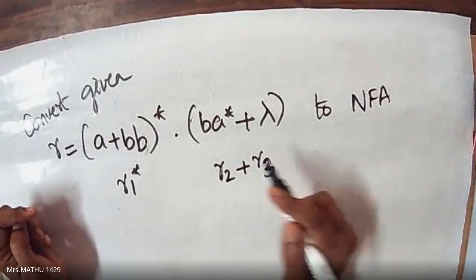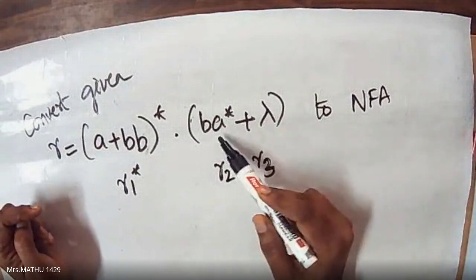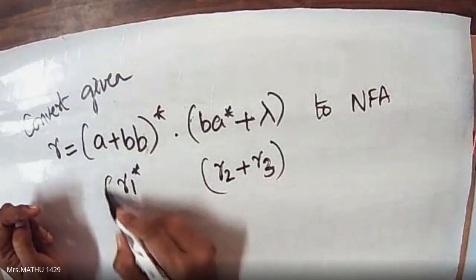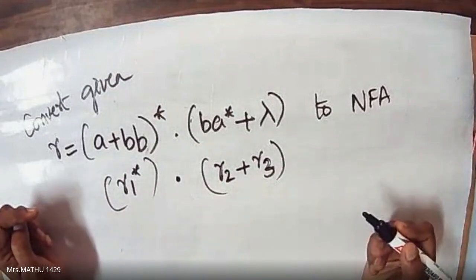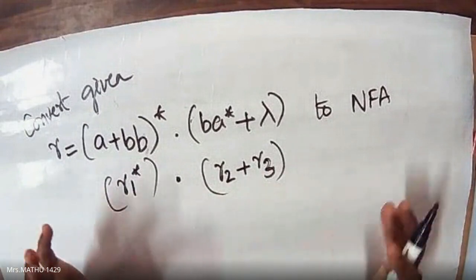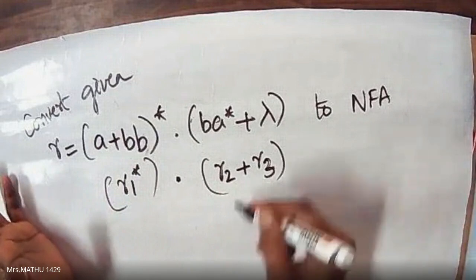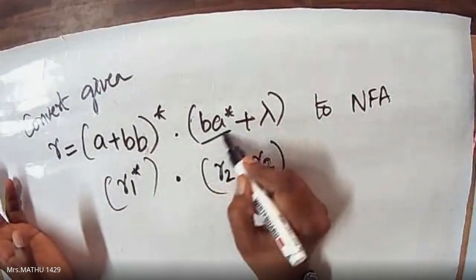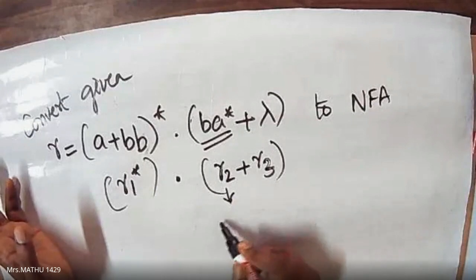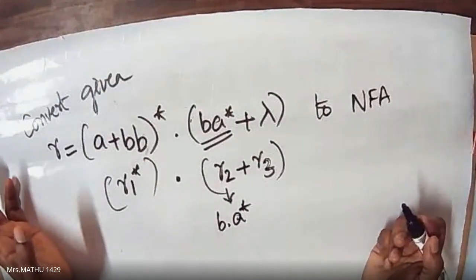We have a plus operator here, right? So R2 plus R3, you can have it. And what is in between here? Concatenation, a dot. So you can draw it bit by bit and combine it. If you want to reduce it, you can see this R2 can again be a dot operator, B into A star.